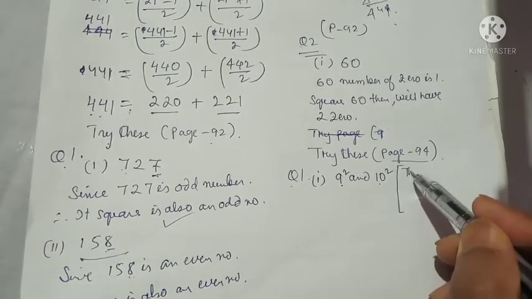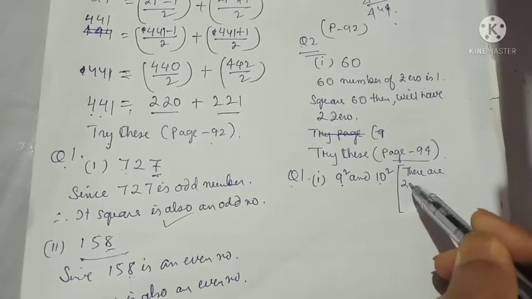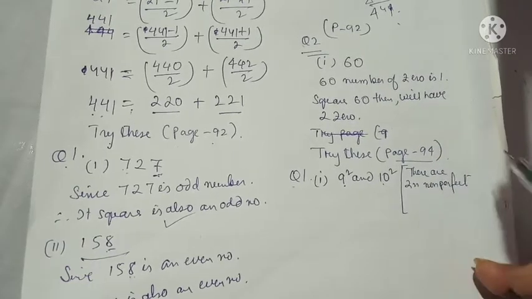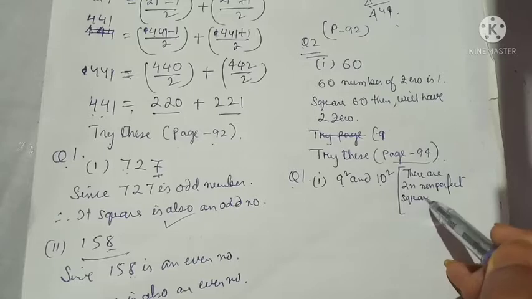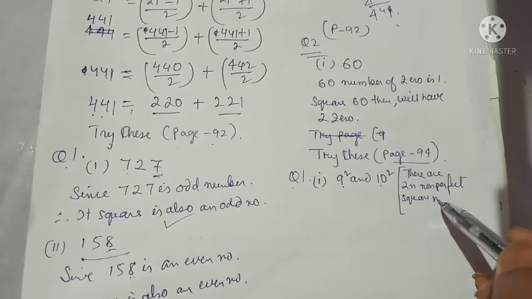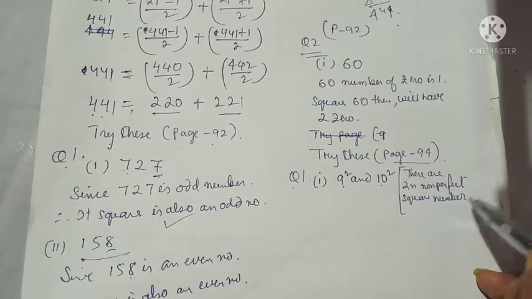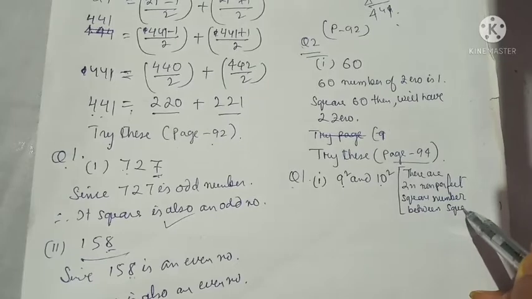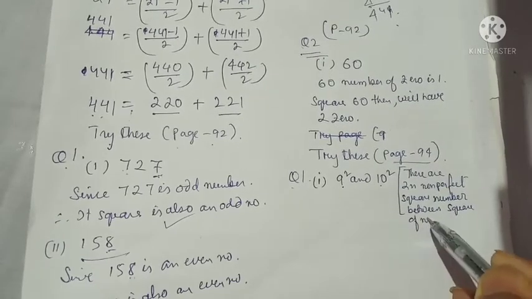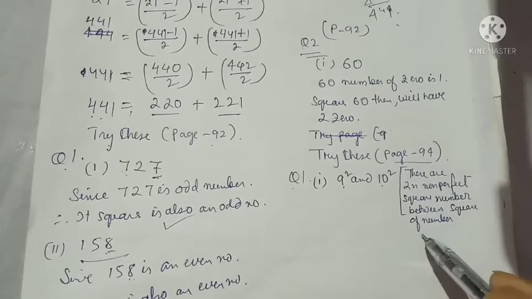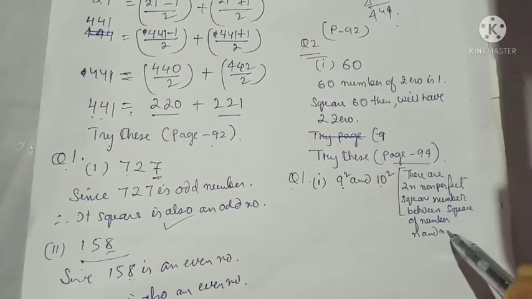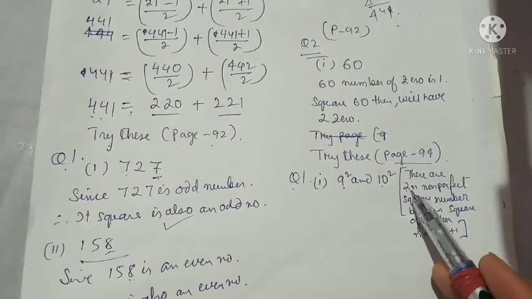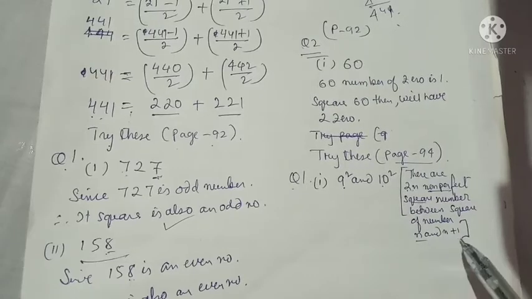There are 2n non-perfect square numbers between the squares of the numbers n and n plus 1. This is another property.